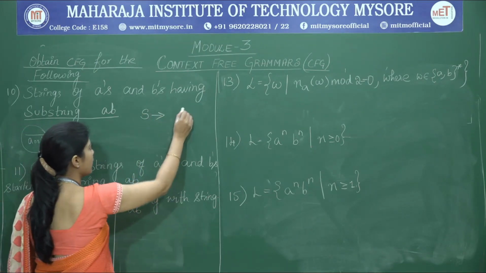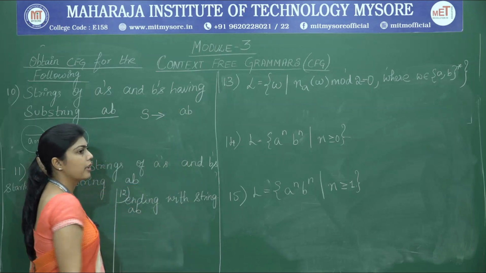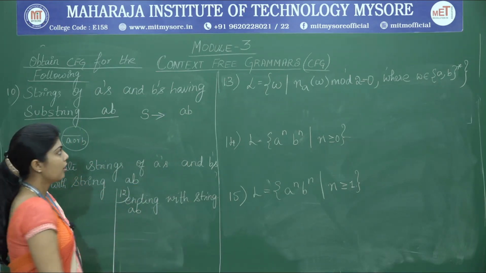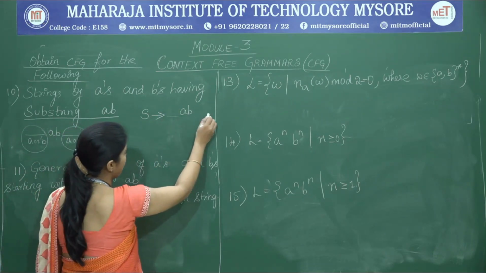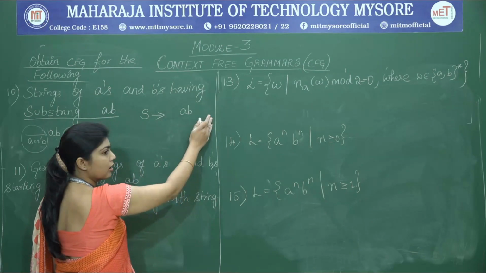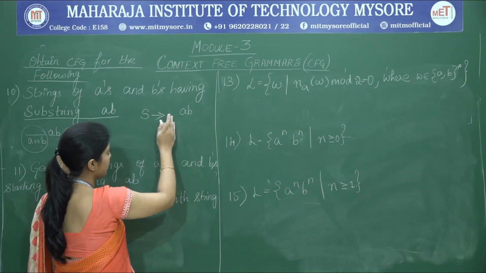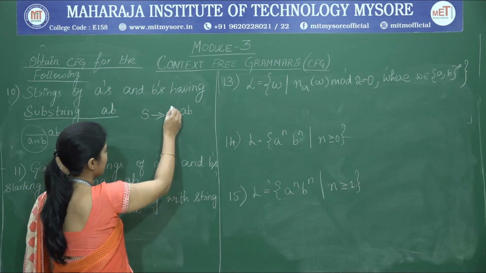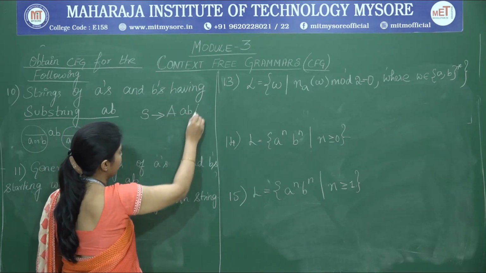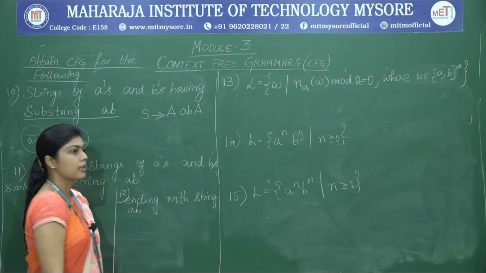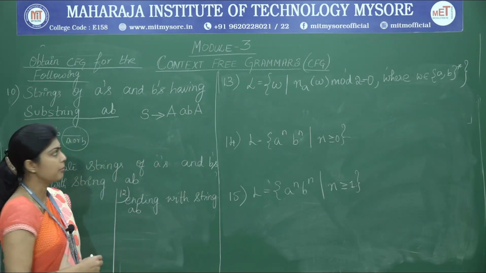So therefore we will take up a start symbol which is S. So we know that AB has to be produced by that S as a substring. What can come before this AB and after this AB? We must have any number of A's and B's, and any number of A's and B's. So therefore we will write a variable in both the places because there is an option and not a particular symbol.